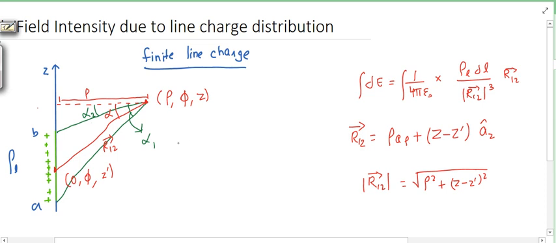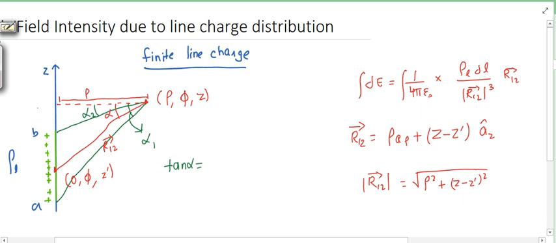And let us find some more things for this. If I have to find tan alpha, here from the red pen you can see in this right angle triangle, tan alpha will be perpendicular divided by base. So what is the perpendicular? The point here has the value z, and here it is z dash.